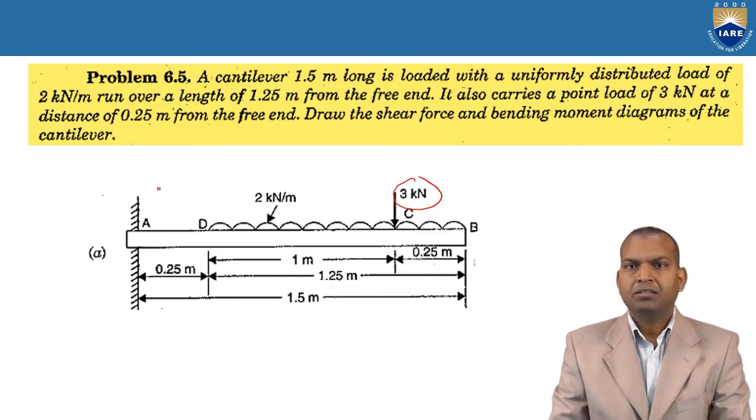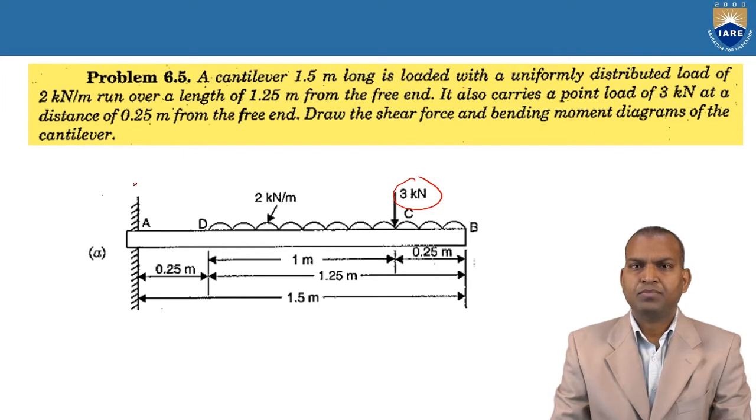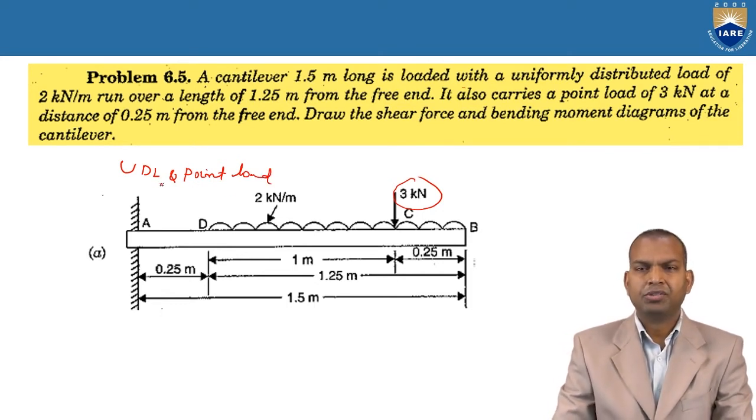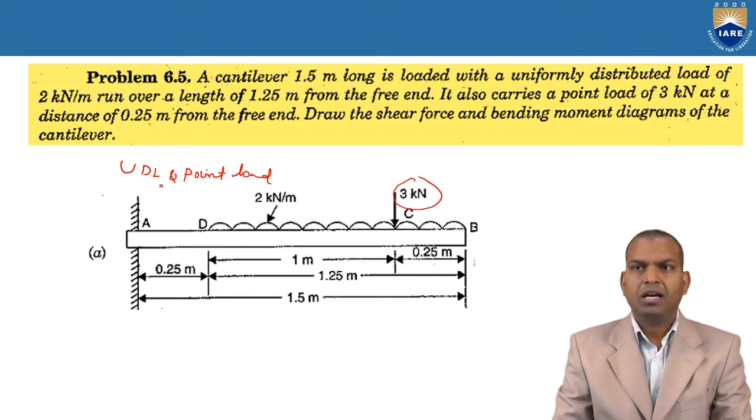So here the beam is subjected to a combination of UDL and point load. How do we calculate the variations of shear force and bending moment values?